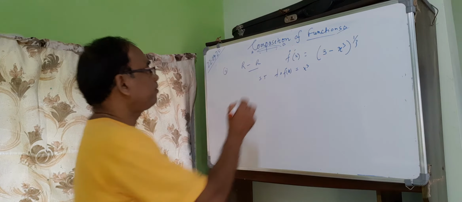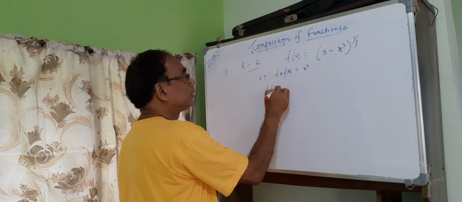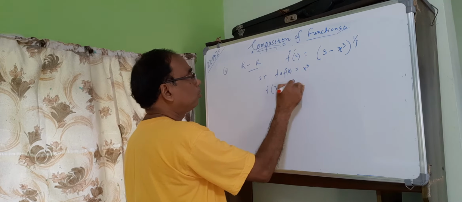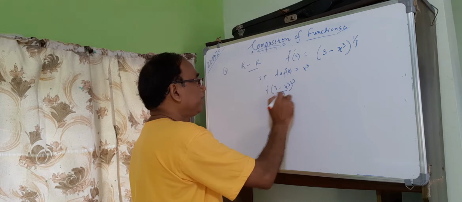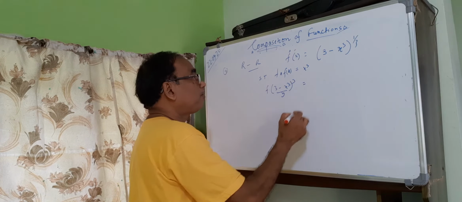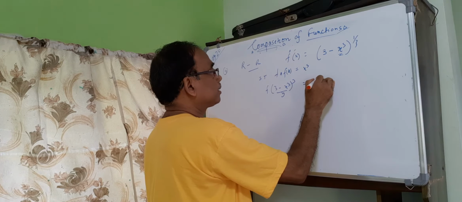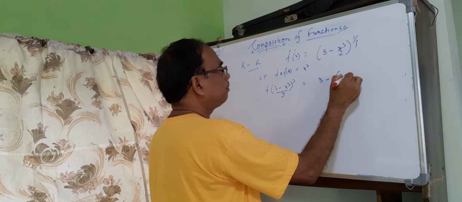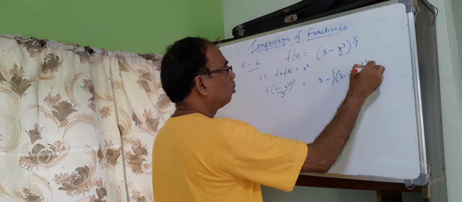Just like the previous sum, f of f(x) you have to find. That is f of (3 minus x cube) to the power 1/3. This should be treated as capital Y. Instead of x we have to put this: (3 minus ((3 minus x cube) to the power 1/3) cube) to the power 1/3.